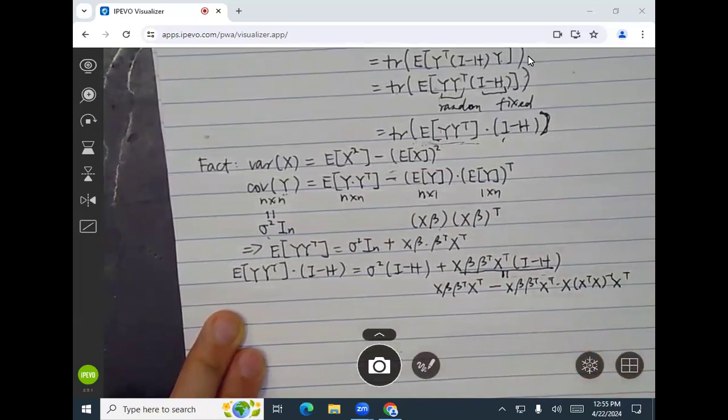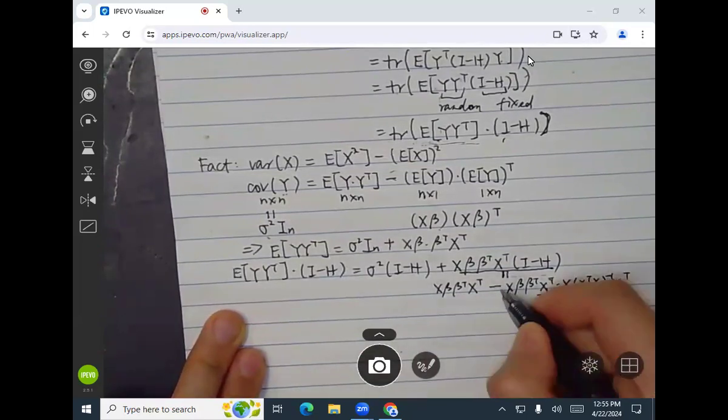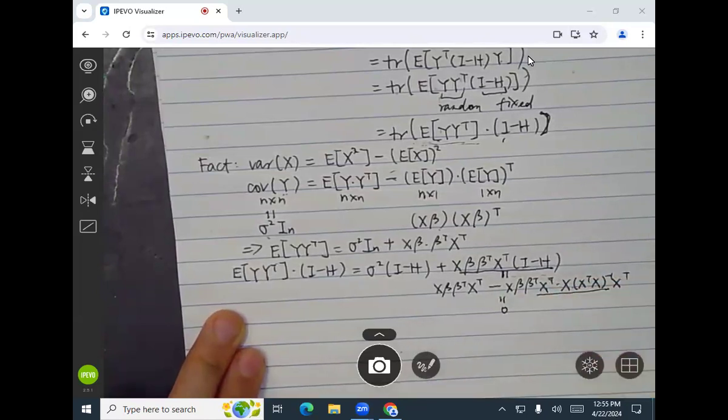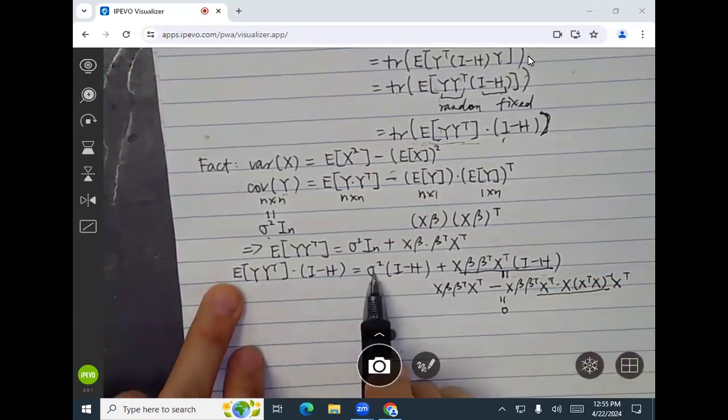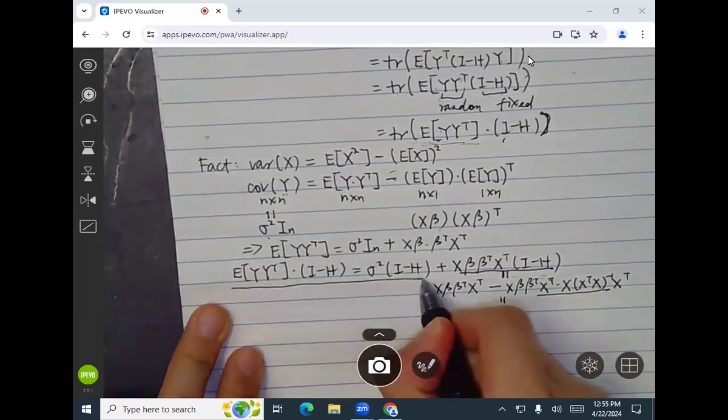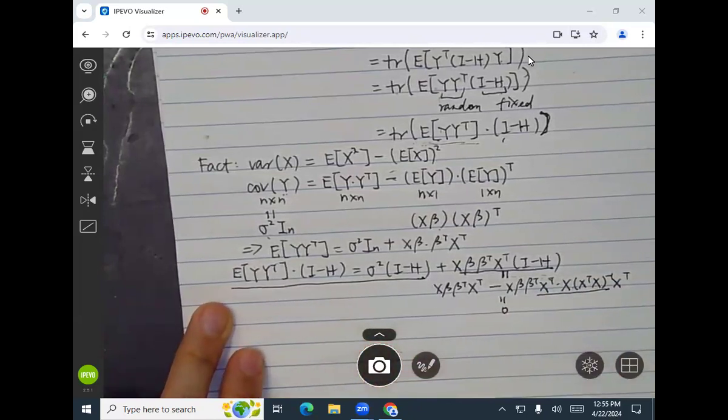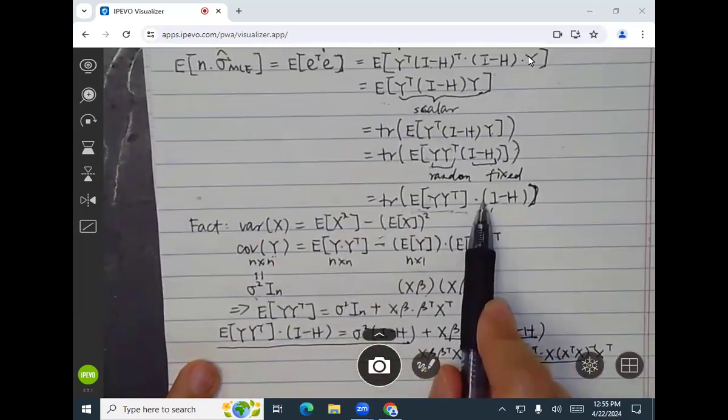So therefore, you see that these two terms cancel. Then I'm left with X beta beta transpose X transpose. So the two terms become identical, so then it's 0. So therefore, for this term, we found that it's just equal to sigma squared I minus H. Now I put it back into the trace.